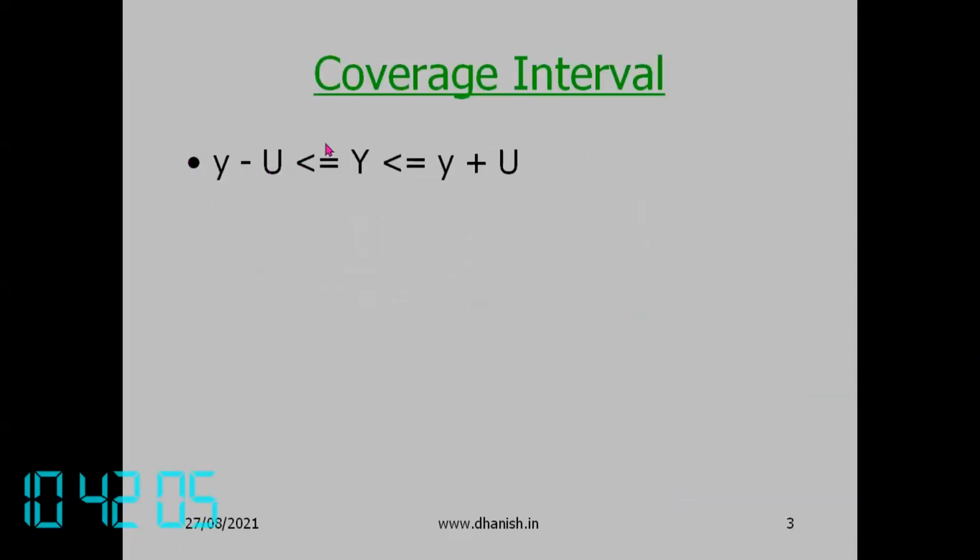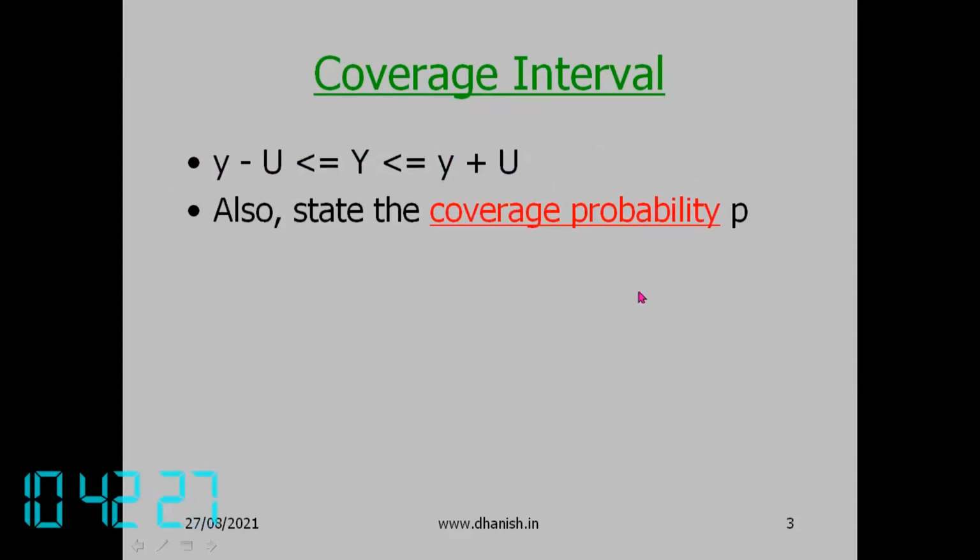Okay, so capital Y is the measurand. It lies between the average minus U, this is the lower coverage limit, and y plus capital U, the average plus the expanded measurement uncertainty, this is the upper coverage limit. So these two limits define the coverage interval.